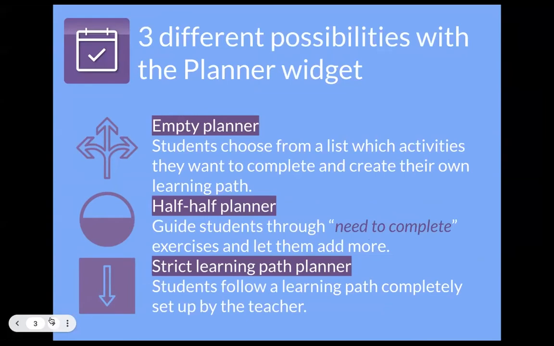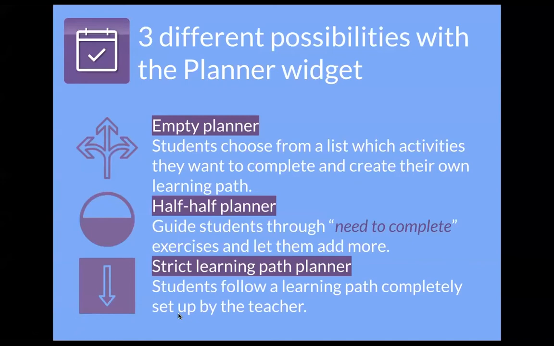And for me, the three ways that I most have used the planner is one, an empty planner where my students choose from a list of activities that they want to do. Also a half and half planner, which is sort of like what I like to call a choice board.